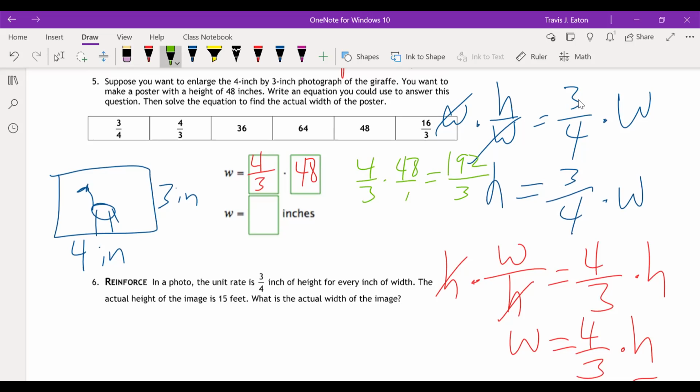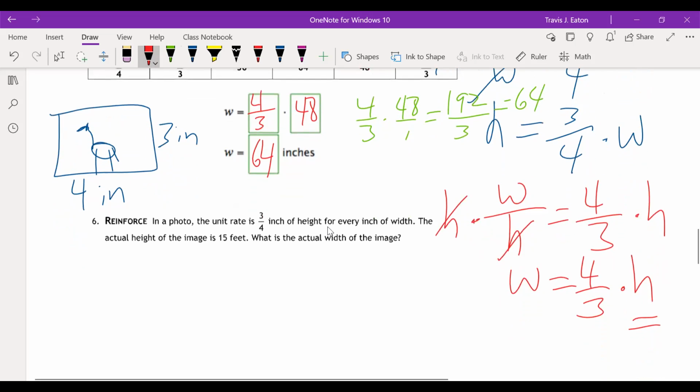And so the width ends up being 64. So our width would be 64 inches. And with that, the ratio of the height to width is the same, so the picture will not be distorted. It'll be larger, but the giraffe will look the same. It'll just look larger.